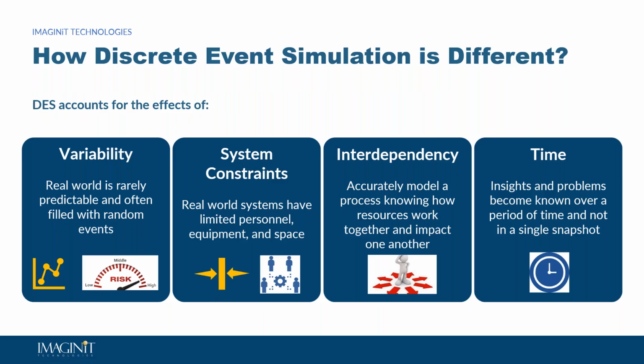You have limited people, limited equipment, and limited space that you want to consider when you're evaluating the design of a system or looking at improving a system, because you might make a change in a bottleneck area expecting to see a big improvement to the operation, but it may just move that bottleneck down the line. Being able to look at it from a system perspective helps you understand the overall impact of changes.